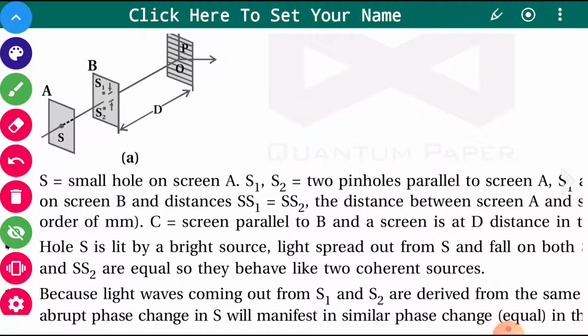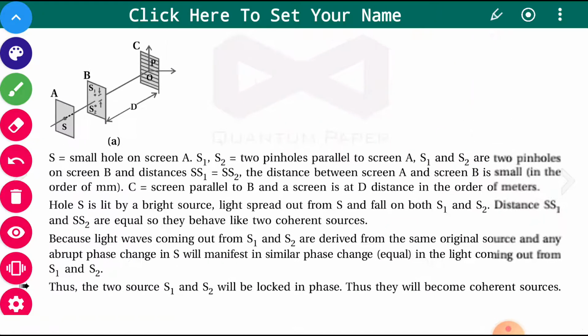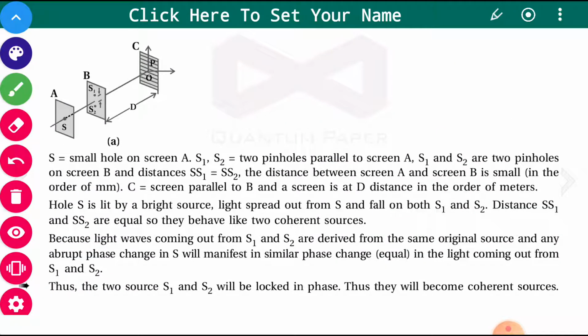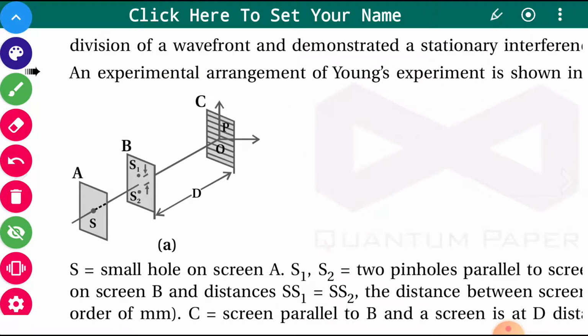Now the waves coming out from S will reach S1 and S2 simultaneously. This third screen C is parallel to B, or their planes are parallel. This third screen is the screen on which the interference patterns are produced.